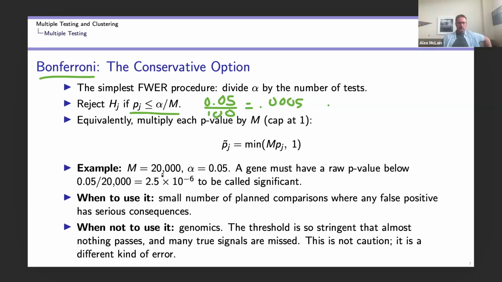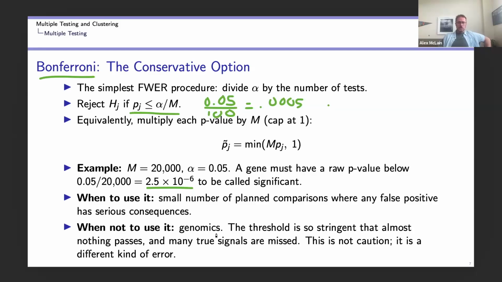So for example, if we have 20,000 genes, alpha equals 0.05, a gene must have a raw p-value below 2.5 times 10 to the negative 6 to be called significant. When do we use this? Usually we use this when we have a small number of planned comparisons where any false positive has pretty serious consequences.